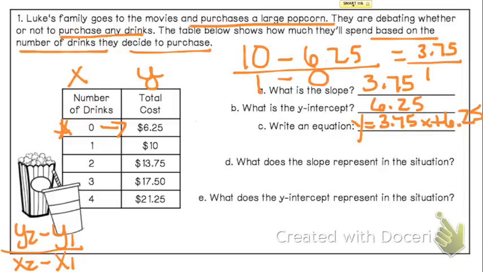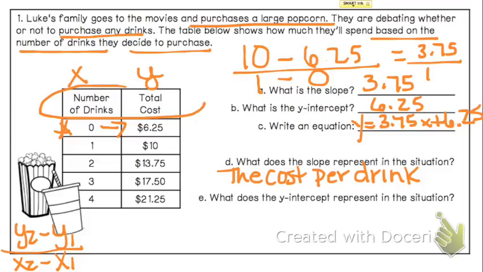So, the next question is, what does the slope represent in the situation? Well, slope represents the cost per drink. And you know that because your table is telling you that you're looking at the number of drinks and the total cost.